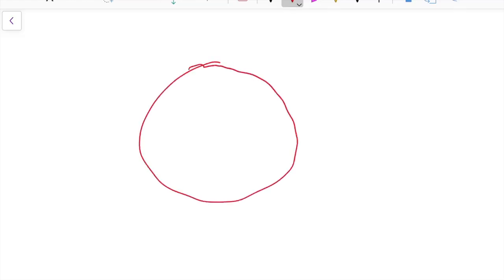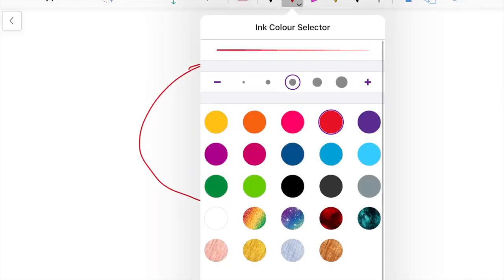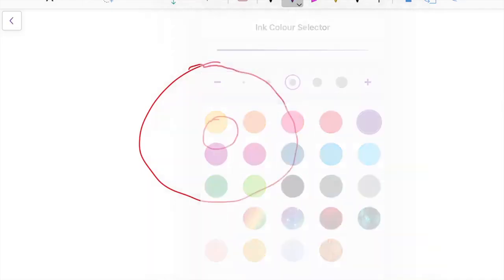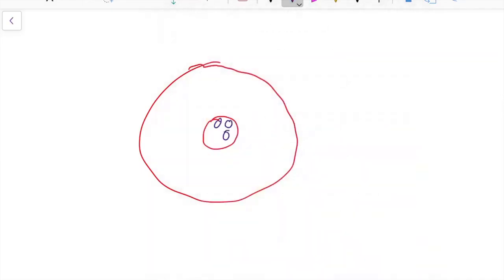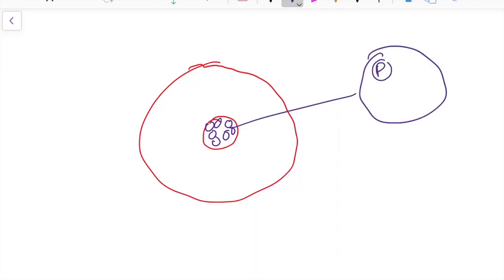Let's look into the nucleus. Suppose this is an atom, and the atom contains a nucleus. This nucleus contains again nucleons, some protons and neutrons.